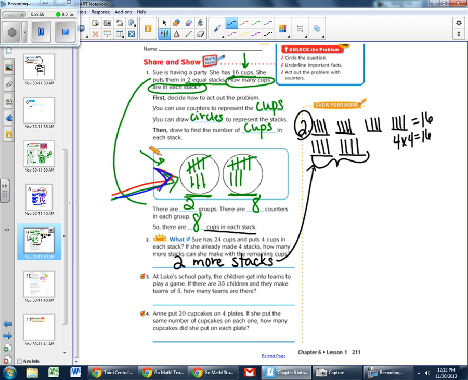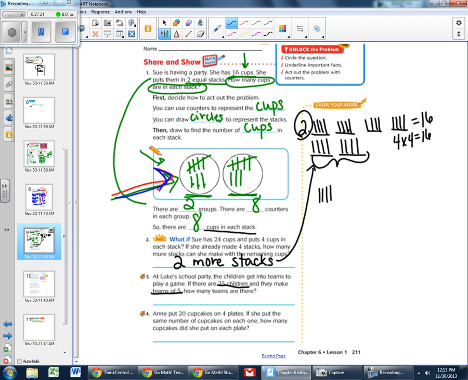Number 3, at Luke's school party, the children get into teams to play a game. If there are 35 children and they make teams of 5, how many teams will there be? So, get into teams. There are 35 kiddos, and they need teams of 5, so groups of 5. How many teams are there? So we're going to write groups of 5 until we get to 35.